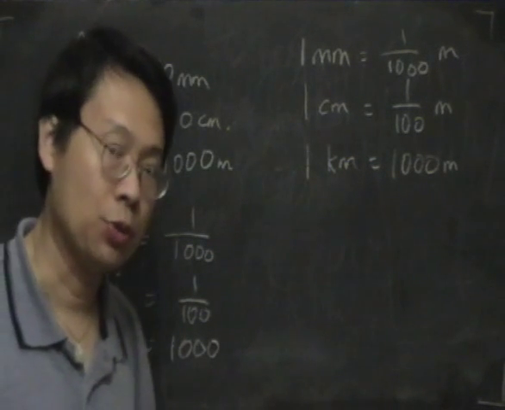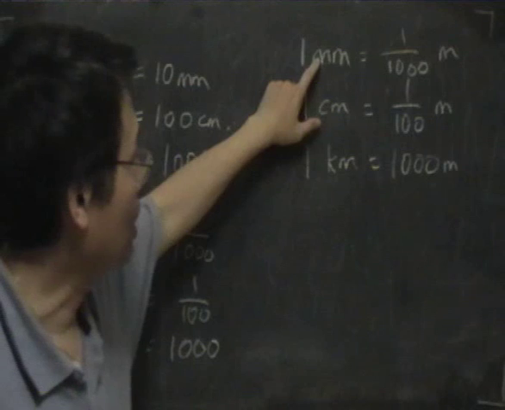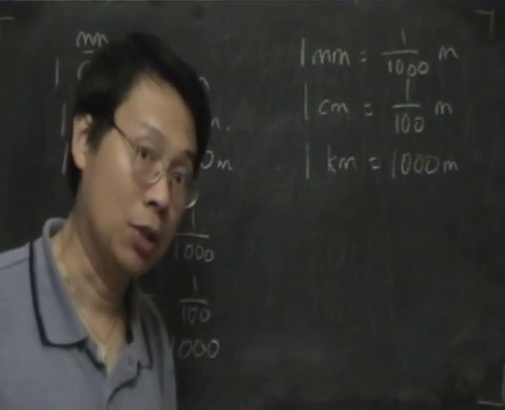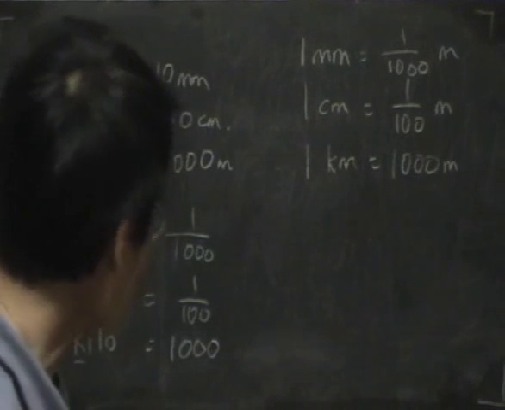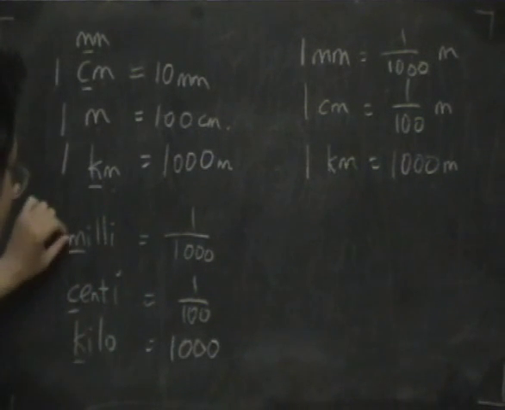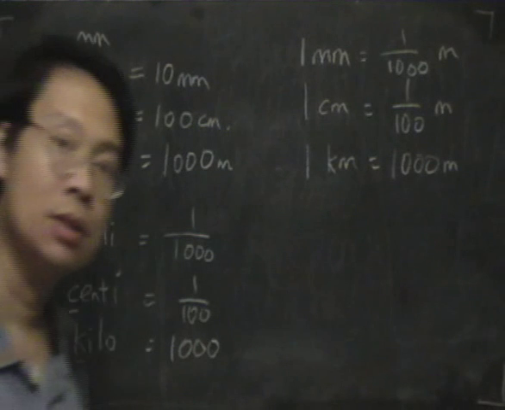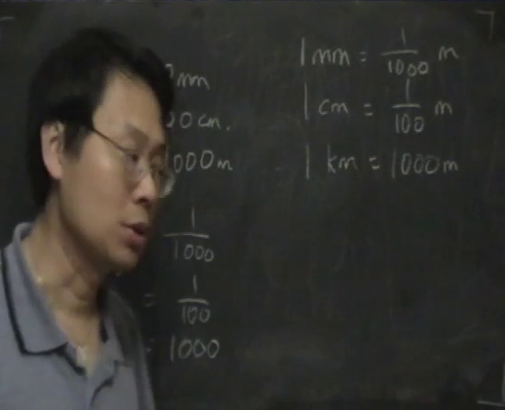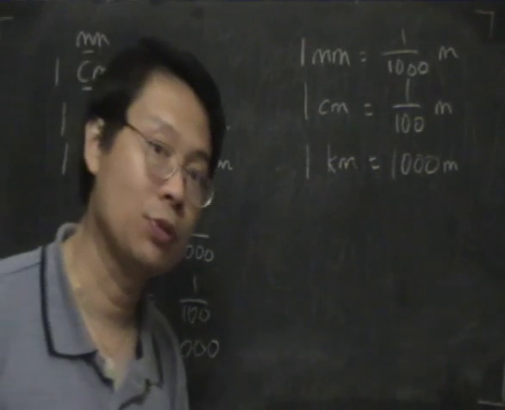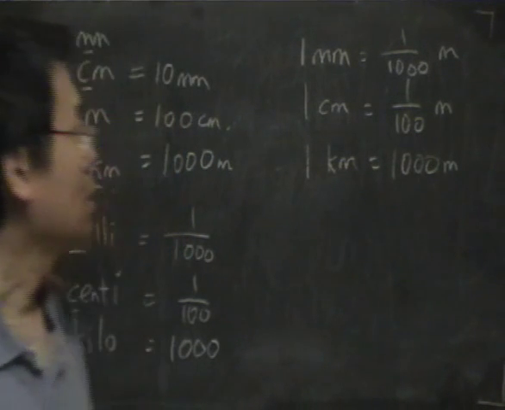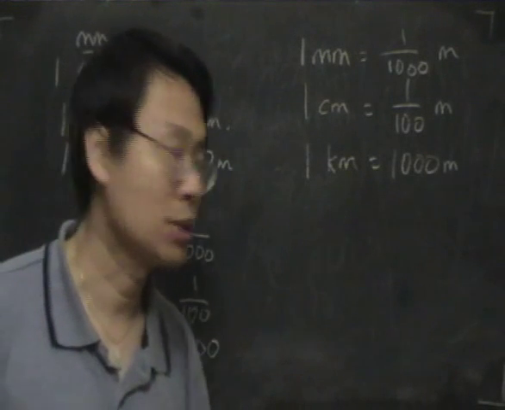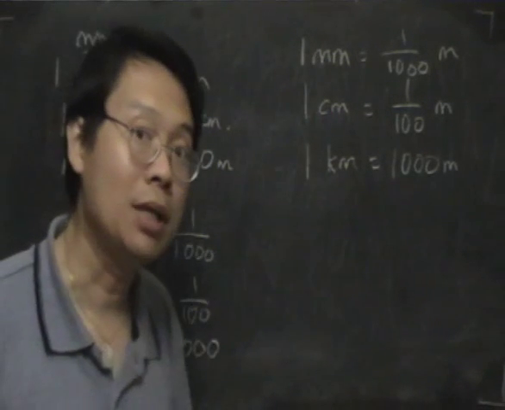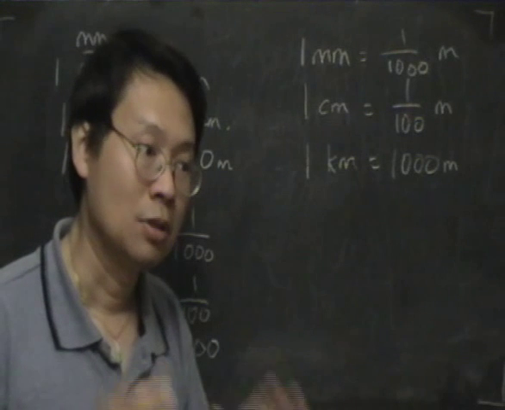And it's quite useful to remember the meanings of milli, centi and kilo, not only because we use it quite often, but because the same letters are used for other types of units like grams. Right? You know of grams and kilograms and milligrams.